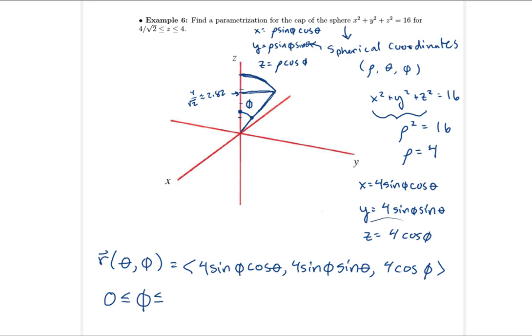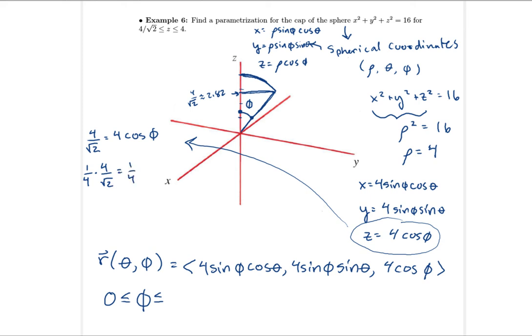So the key then is just going to our z formula. If z equals 4 over root 2, what is phi? So multiply both sides by a fourth. I get 1 over the square root of 2 is equal to cosine of phi.